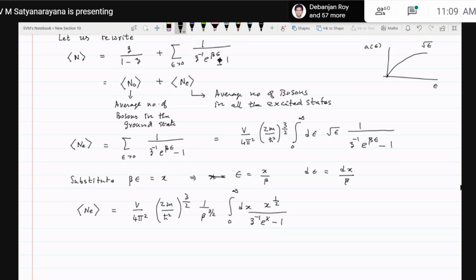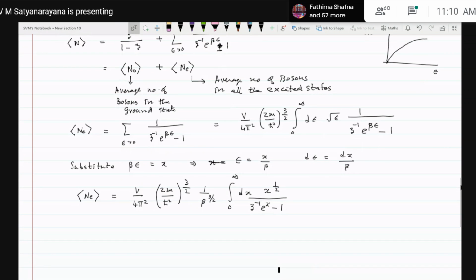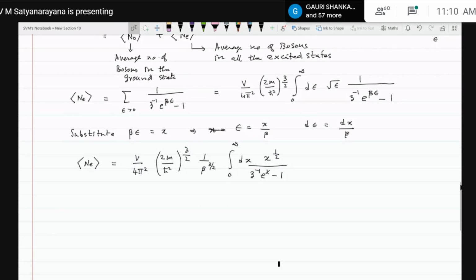Okay, so now you can see that we will be able to define a class of functions called Bose-Einstein functions. So let us define a class of functions which I will call G nu of x.